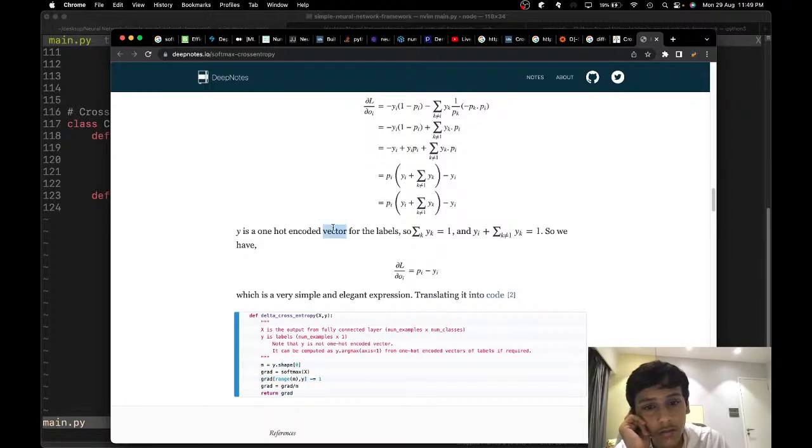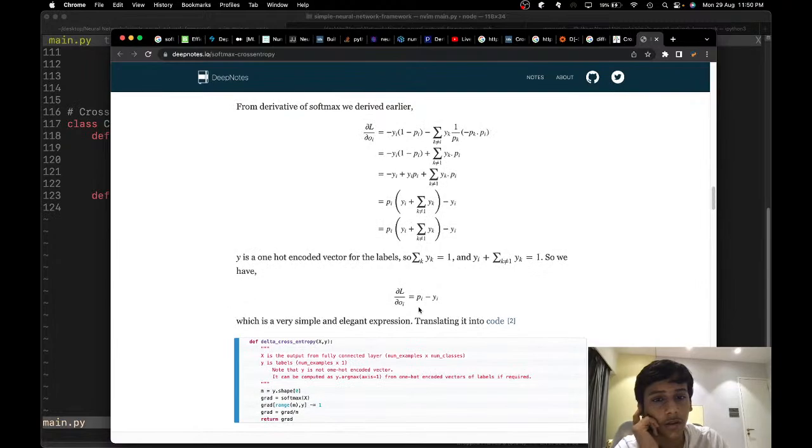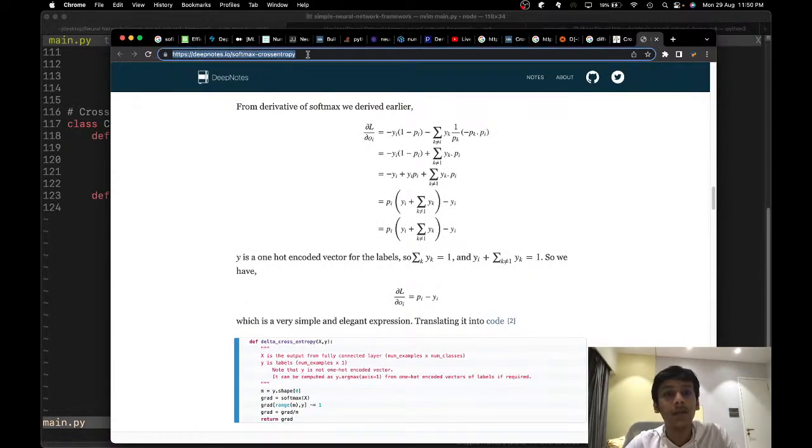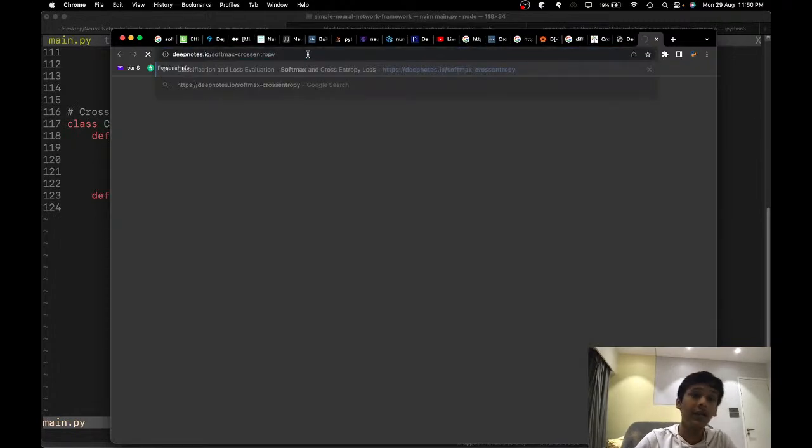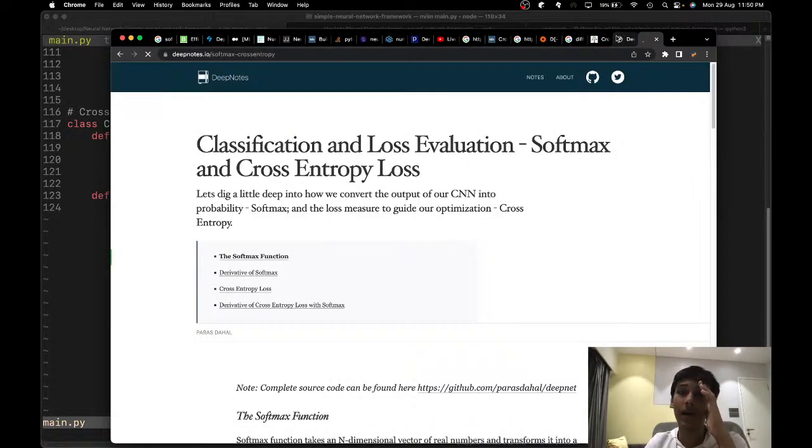Why is one hot encoded? y is labels. Note that y is not one hot encoded, and it can be computed as argmax axis 1 from one hot encoded if required. If that's really this yi minus pi, I swear to god I'm gonna go crazy.